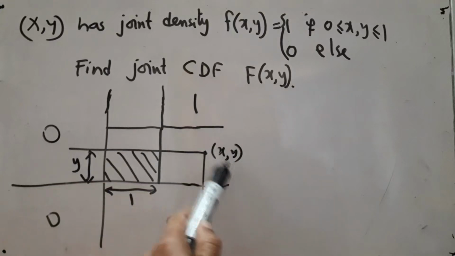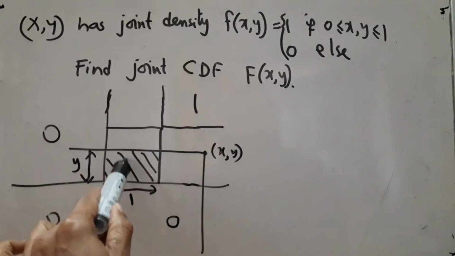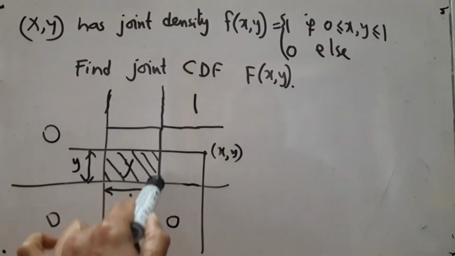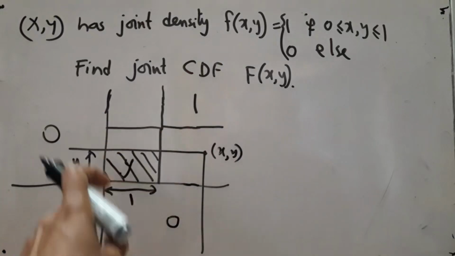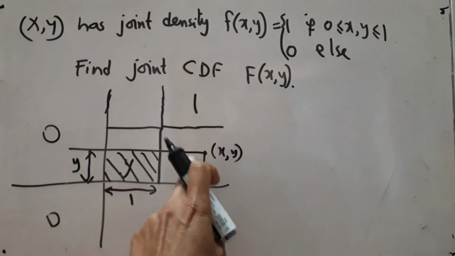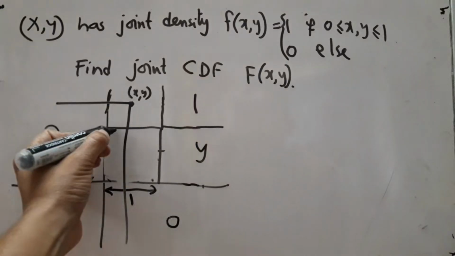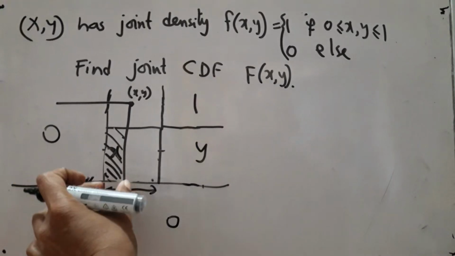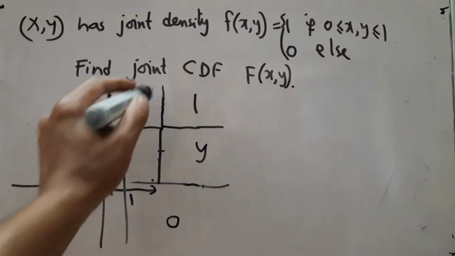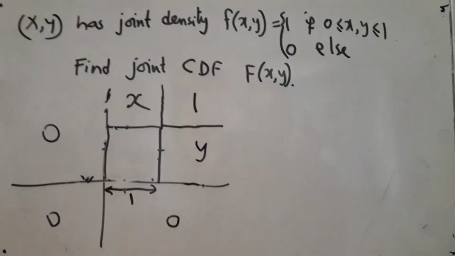Since this point is (x, y), this rectangle has height y and base 1, so its area is y and the area of the entire square is 1. Therefore, it will take the value y in this region. Similarly, if I take (x, y) here, then my point has to lie in this rectangle which has area x, because this is x and this is 1. So over this region everywhere my F_XY will be equal to x.